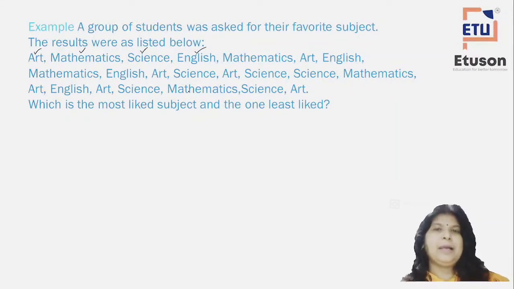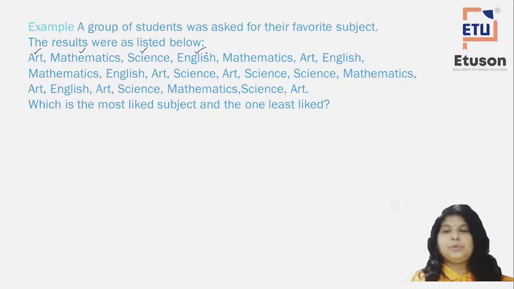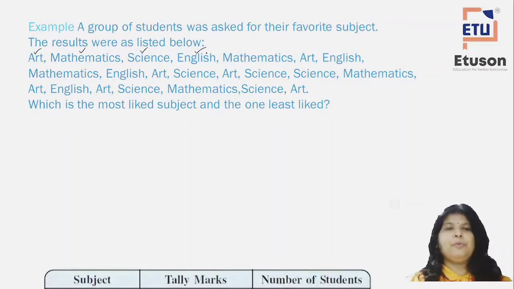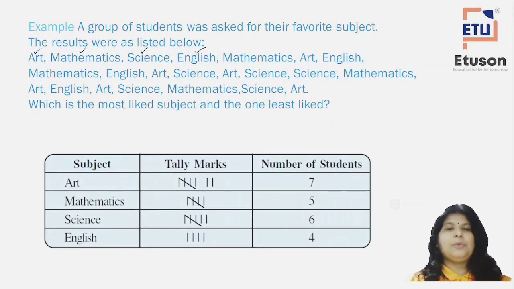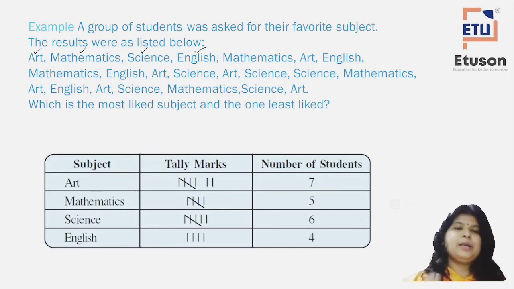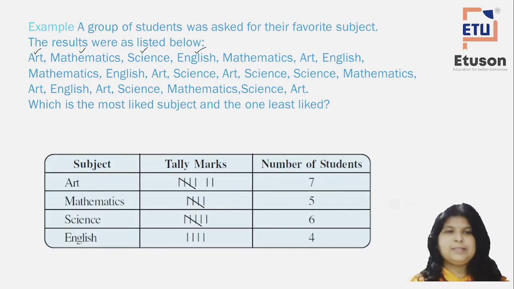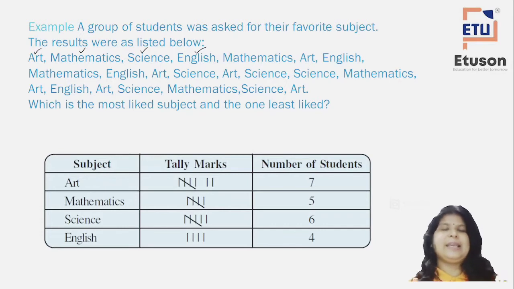After that you will find out how many students have opted for art, how many students have opted for mathematics, how many for science and English respectively. So after that you will form one table of this kind, right? So first you will write down the subject as I was telling, that is art, mathematics, science and English.